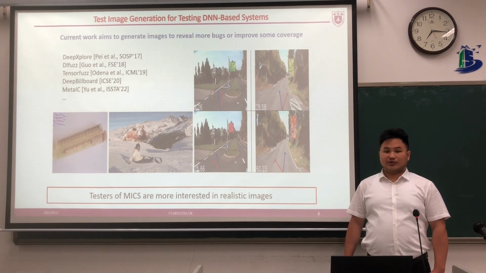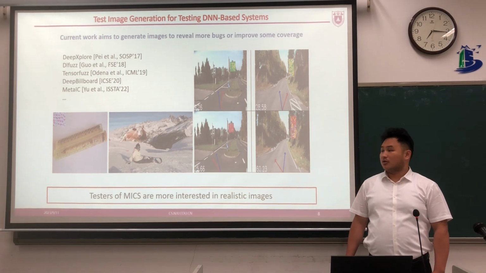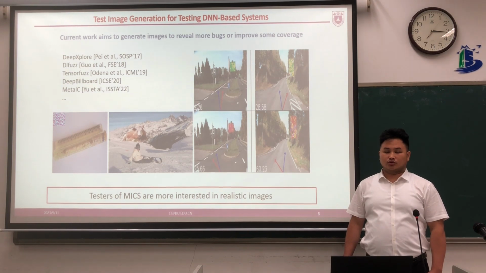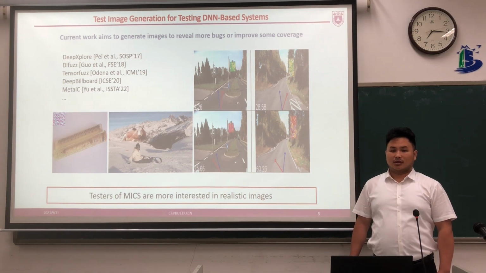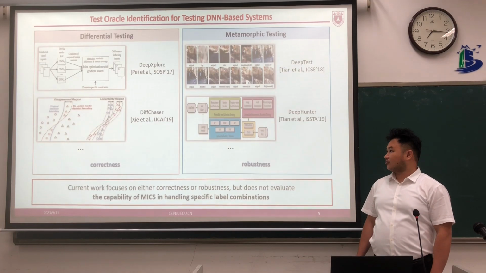For test image generation, current work aims to reveal more bugs or improve some coverage. So some images are almost impossible to appear in the real world. However, testers of MSS are more interested in realistic images.